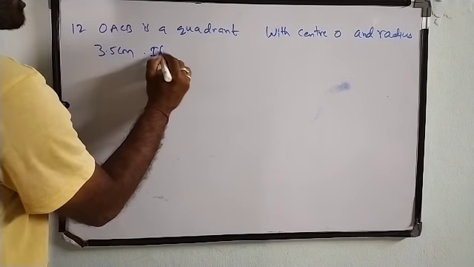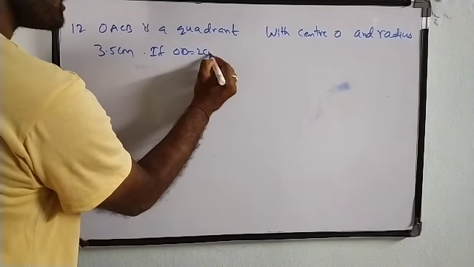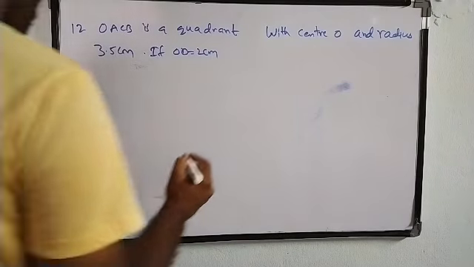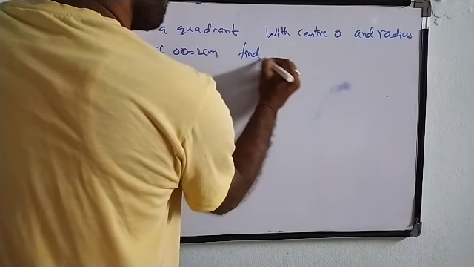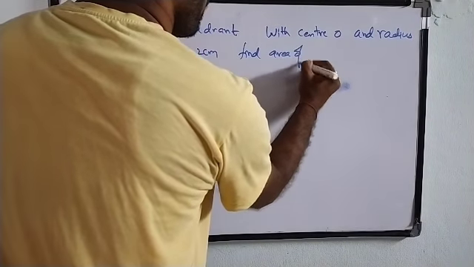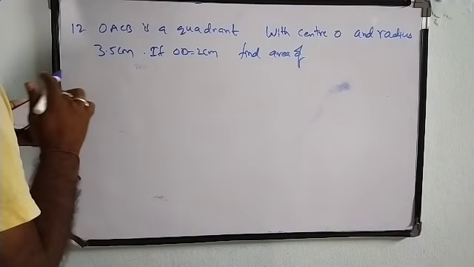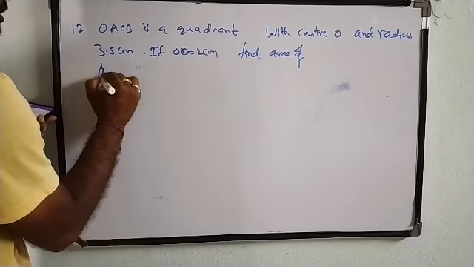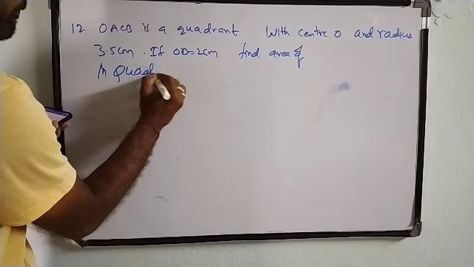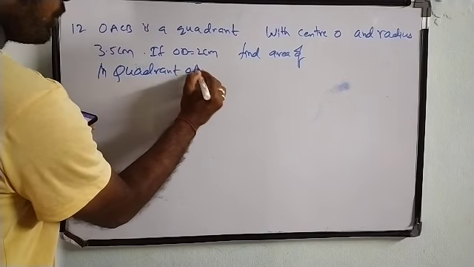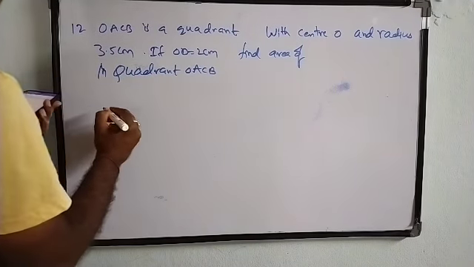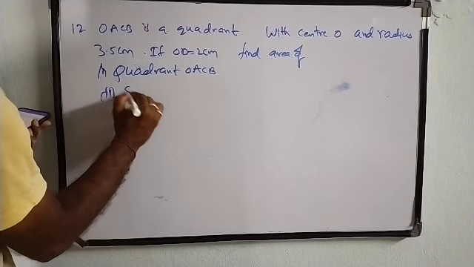If OD is equal to 2 centimeters, find the area of the quadrant OACB and the second shaded region.